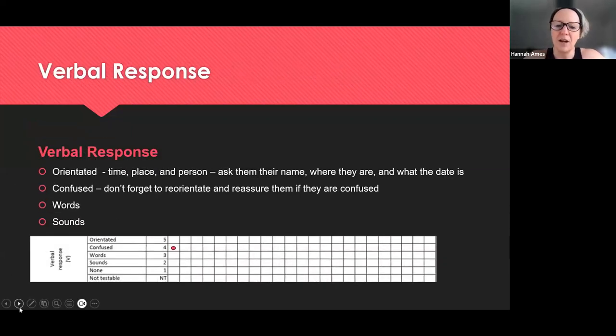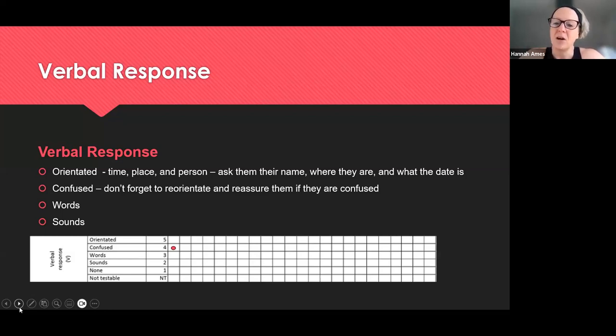Then you're going to go on to your verbal response. So with the verbal response, we need to assess if they are orientated, and we look for them to be orientated to time, place, and person. So you need to ask them 3 questions which assess those 3 components. So first is, are they orientated to themselves, their person? So ask them to repeat their name again. Do they know where they are?